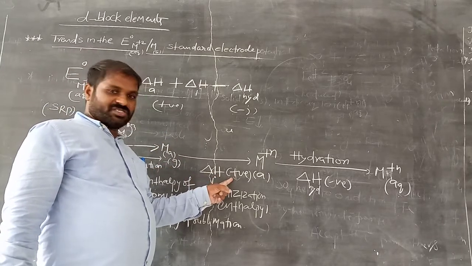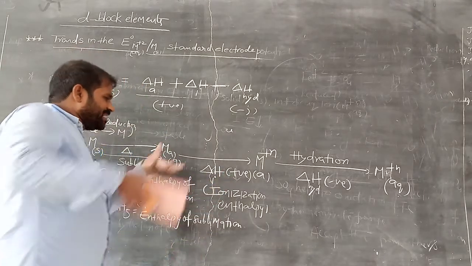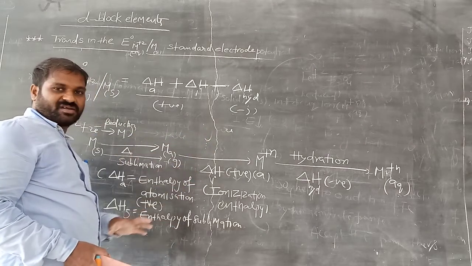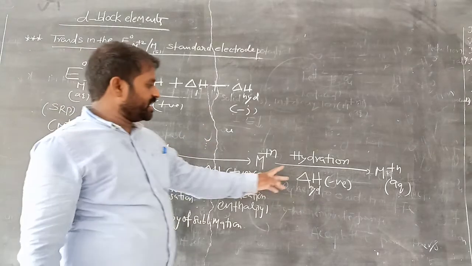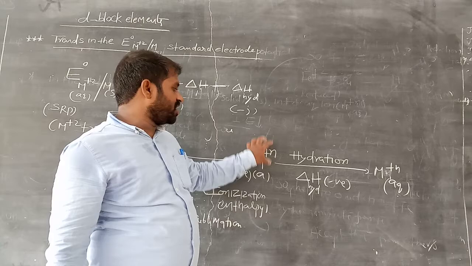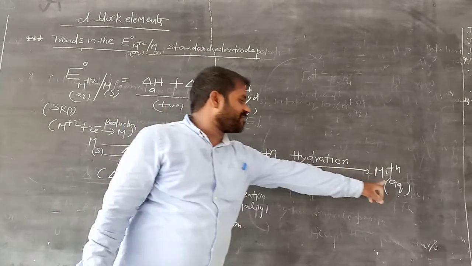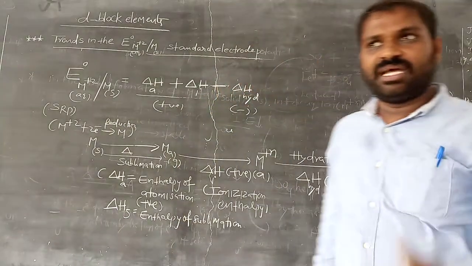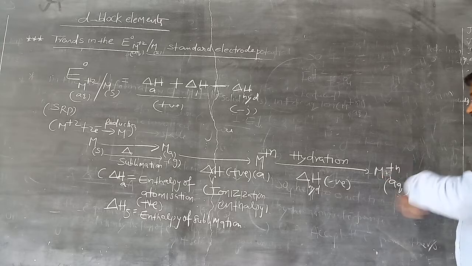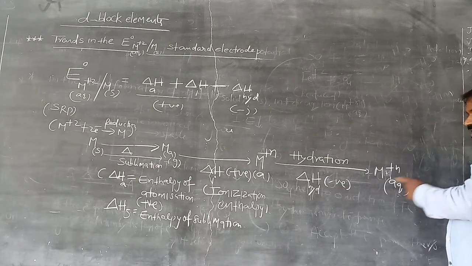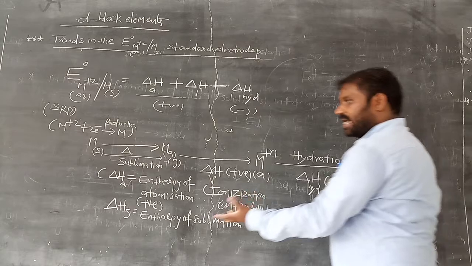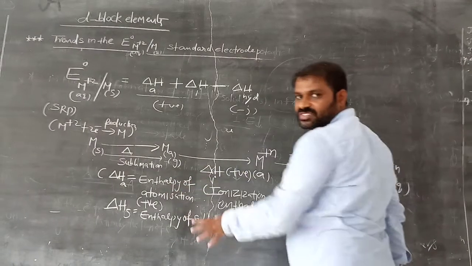That is also positive. Why is it positive? We apply energy to the system to remove the electrons. Now come to hydration enthalpy. When dissolved in water, these ions become aqueous, meaning in the presence of water. Then it releases energy in this process. Energy released means the enthalpy is called negative. Energy added to the system means the enthalpy is called positive.